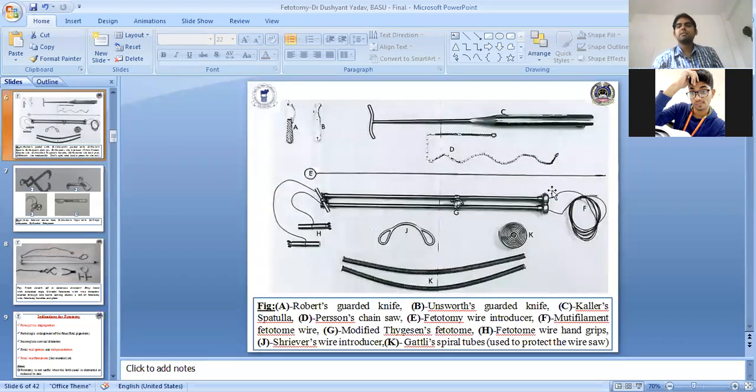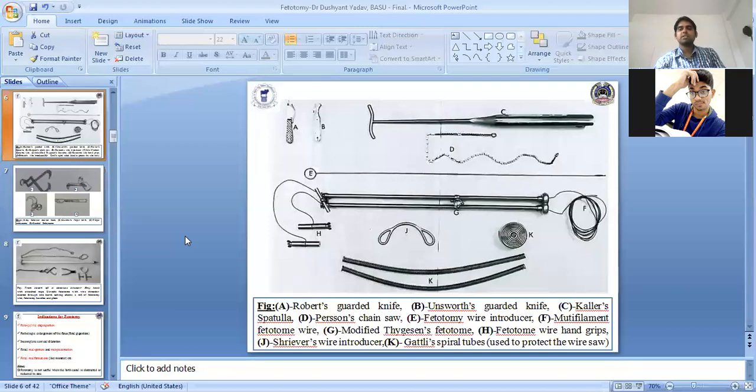This is the double barrel fetotome, and this is the threader, meaning the wire threader. With the help of this threader, we insert the wire into the fetotome, and these pipes are protective pipes for the wire, because sometimes the wire causes injury inside the uterus and birth canal. So we apply these tubes over the wire.